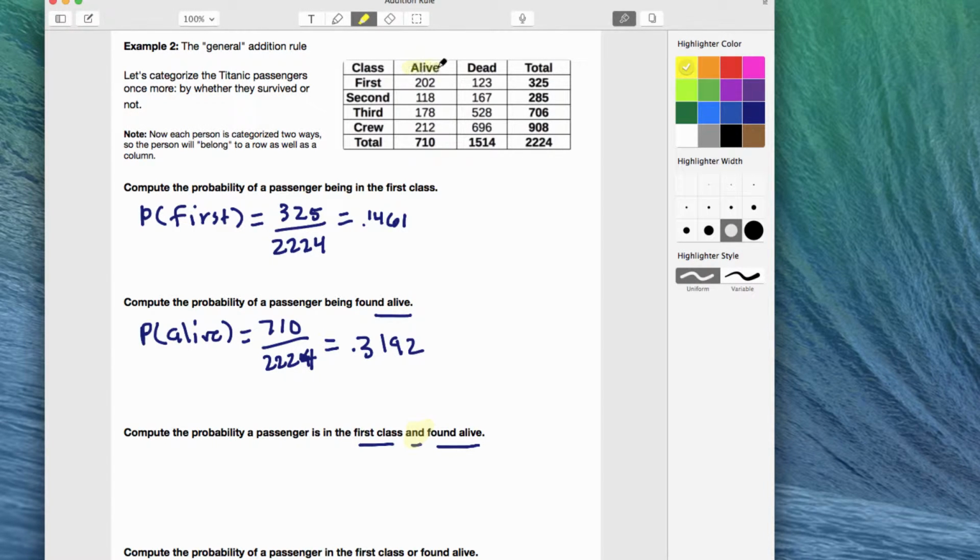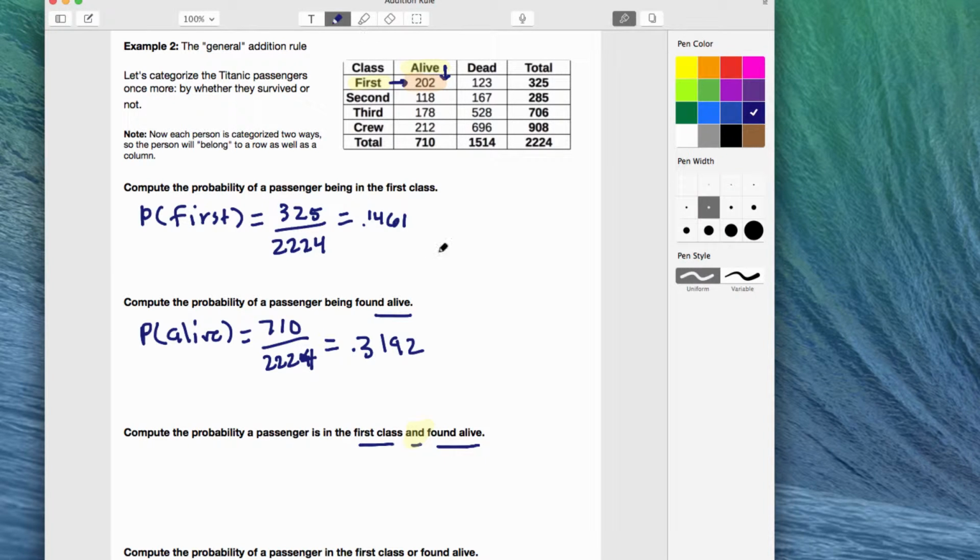So the alive and first class. You can look at this as you move down the column and you move over on the row, and where they overlap, that is going to be our answer. So the overlap of the alive and first class is 202 people.